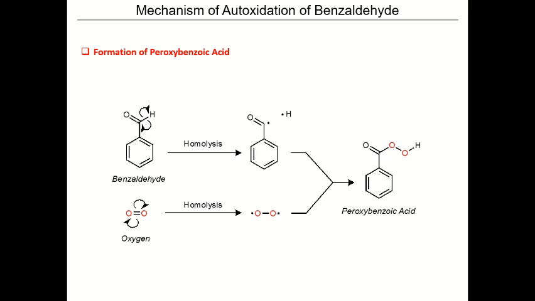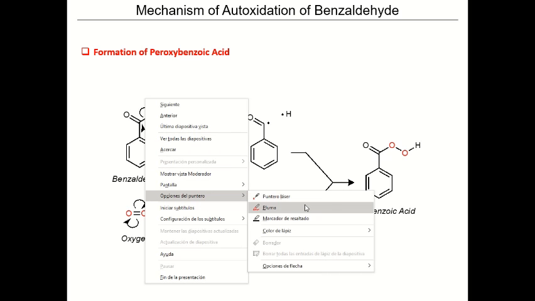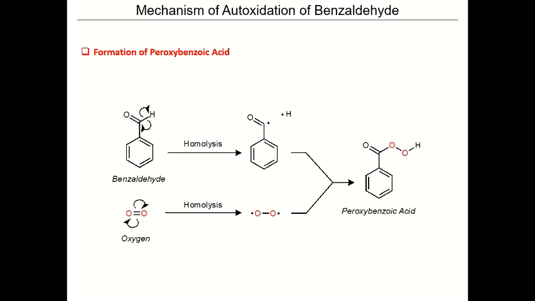So, the mechanism for autooxidation of benzaldehyde is as follows. First is the proposed formation of peroxybenzoic acid. What happens is that in benzaldehyde, this bond that we can see over here is broken by homolysis, right?